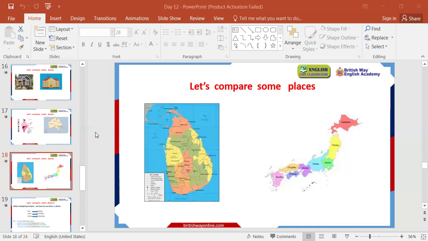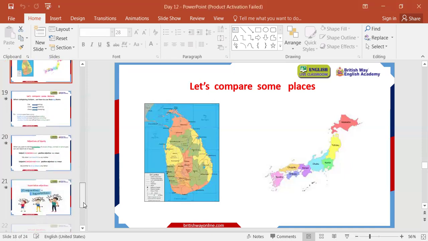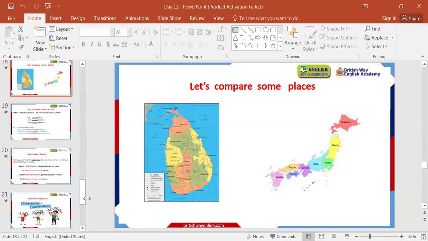Mahaweli River is longer than Kelani River.